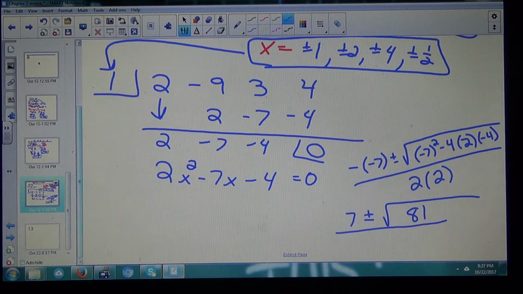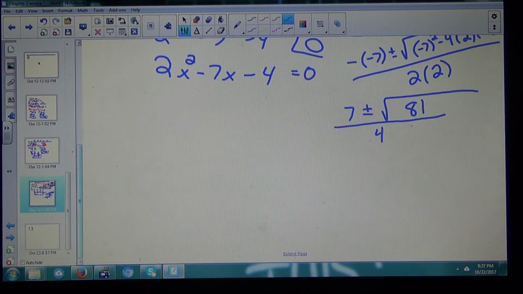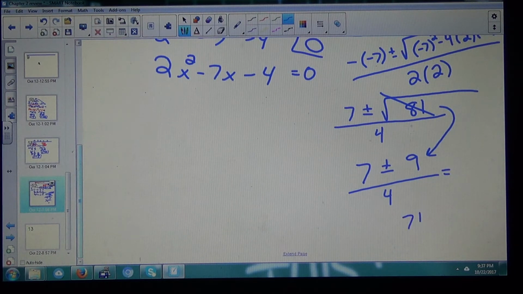But that's okay. 2 times 2 gives me 4. What's the square root of 81 turn into? 9. Yep, so the square root of 81 turns into 9. Now how many answers are there in this problem? There's 2. So my first answer would be 7 plus 9 divided by 4, which gives me 16 over 4, which gives me 4.